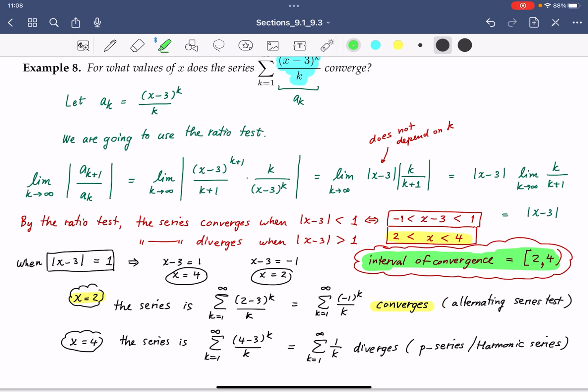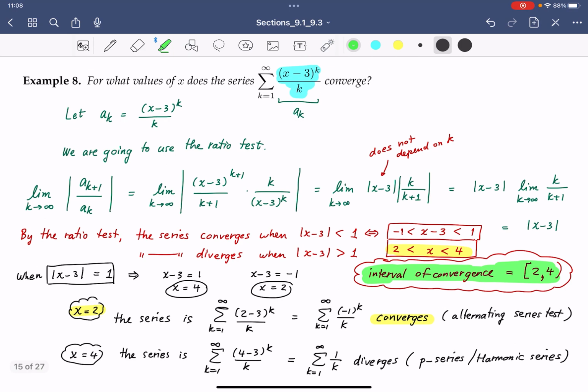Some of you may have a question in your mind: why do we have to start from the ratio test? The reason we start from the ratio test is because (x minus a) to the k here gives you the idea that it's going to be easy, because you're going to see this term and this term cancel out.